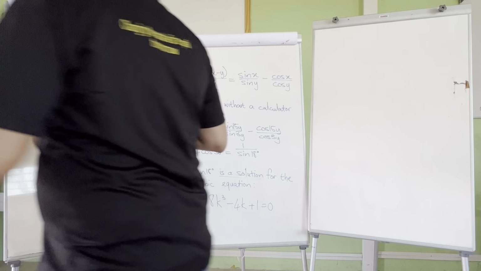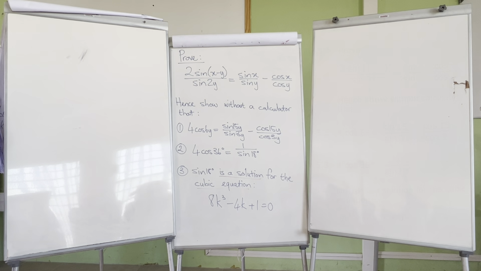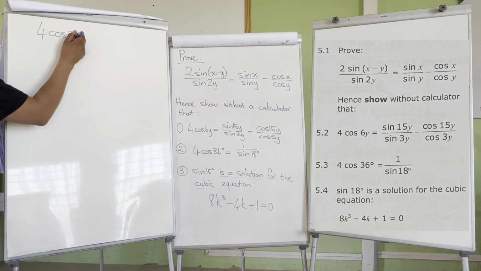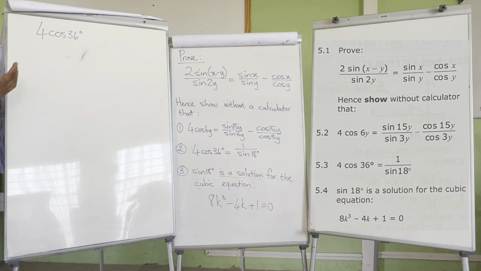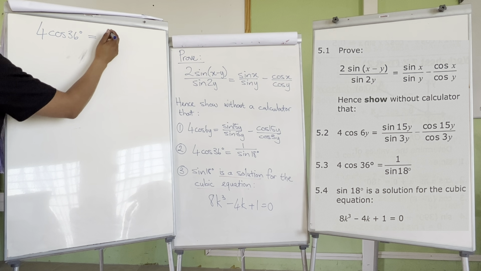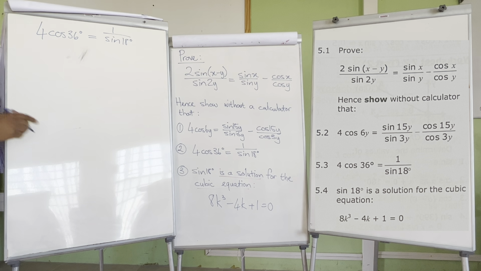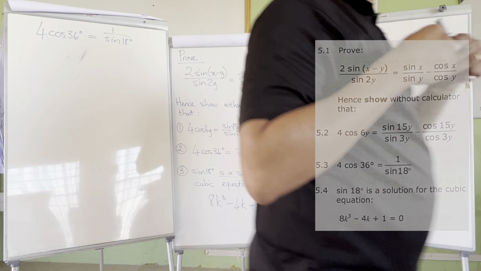Now, to start off your solution, you're going to start with what you had here. Your previous proof is going to serve as your starting point for the last one. I'm saying work with this, and you should see something.